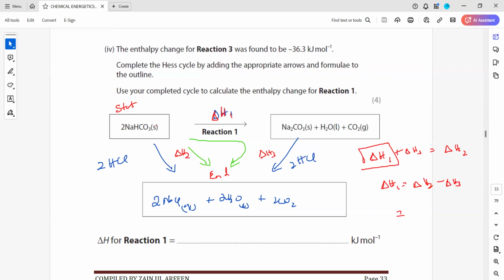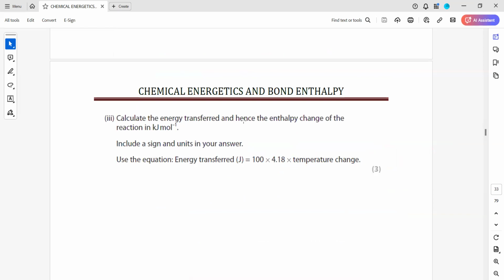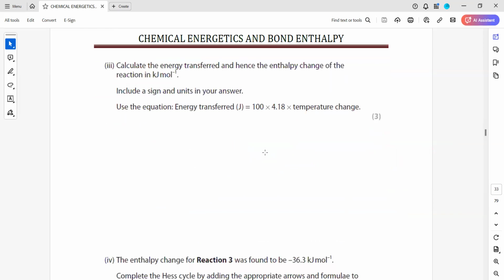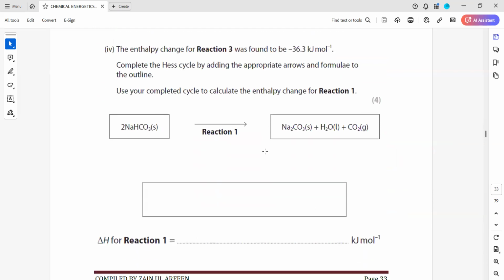Another thing, if you see, when we worked out the enthalpy change per mole, for 1 mole, the delta H2, as we worked out here, this was the enthalpy change per mole for 1 mole. But here, how many moles are used?